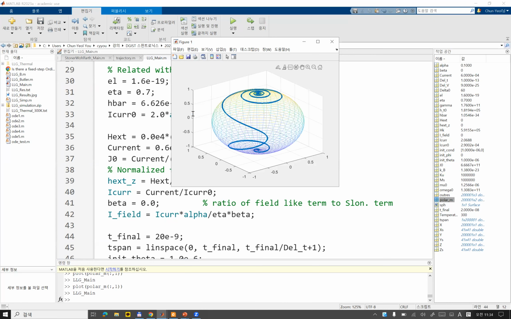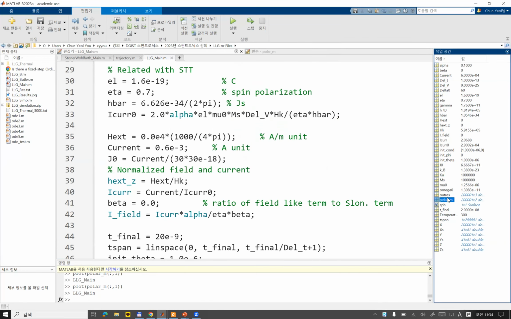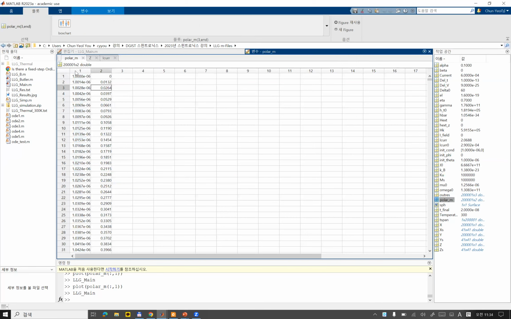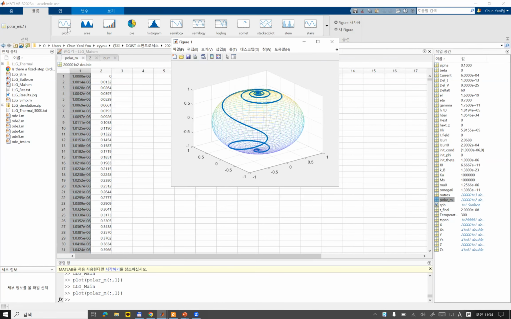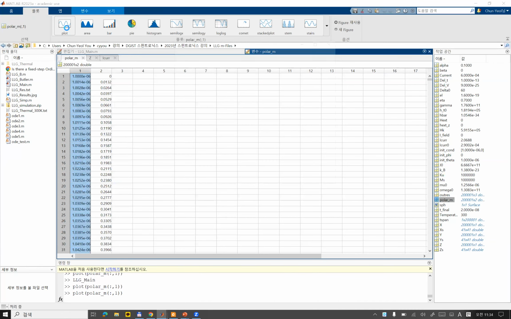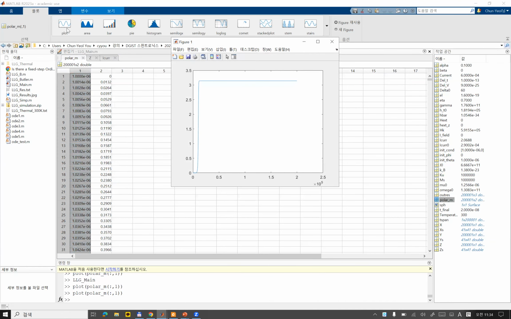Yeah, it switches fast. You can check it by taking the data. You can see the switching occurred in just a few nanoseconds. Very, very fast switching.